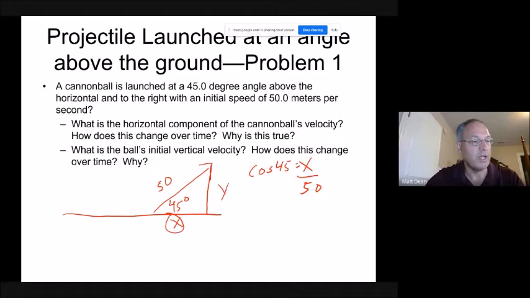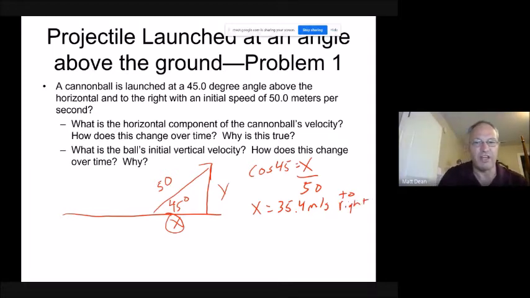So we're going to say the cosine of 45 times 50, solve for x, and we're going to end up with x equal to 35.4 meters per second. And that would be toward the right. Remember that velocity is a vector, so you need a direction. You could just put plus 35.4 because plus means to the right in this case. So that's our first part of our answer to part A.